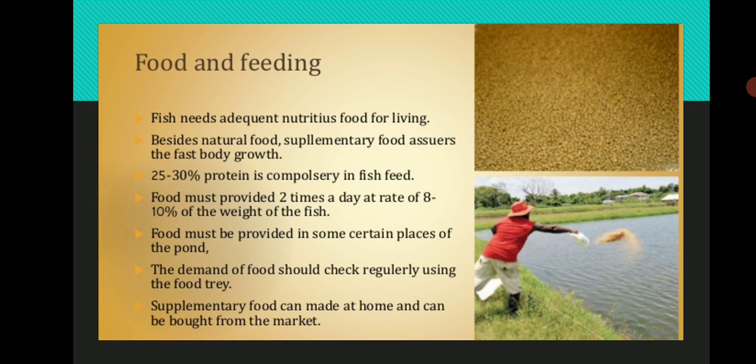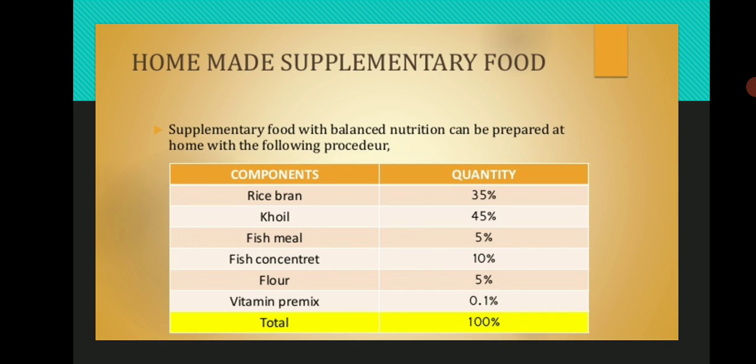Fish food must be provided 2 times daily at a rate of 8 to 10% of the weight of the fish. Food must be provided at a certain place in the pond. Demand for food should be checked regularly using a food tray. Supplementary food can be made at home or bought from the market.